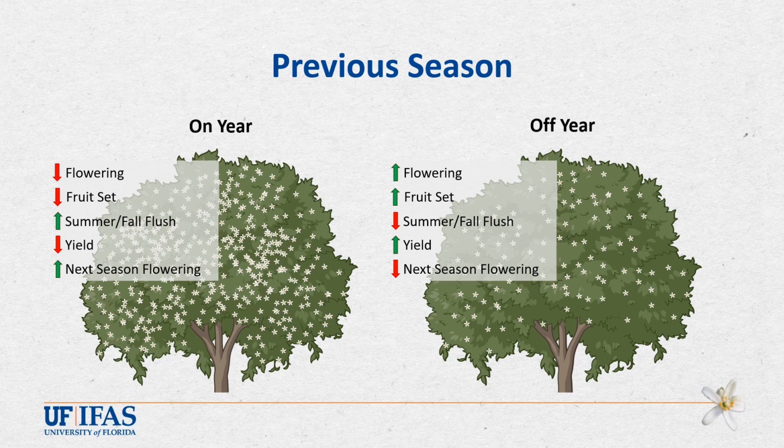Likewise, the on-year tree drained its carbohydrate reserves, so it will not be able to flower as much in the new season. While alternate bearing patterns are usually not an issue in sweet orange, and especially not in the age of HLB, this relationship between previous season and current season is still relevant. If you see an unusually high yield one year, don't expect the same thing the following year.